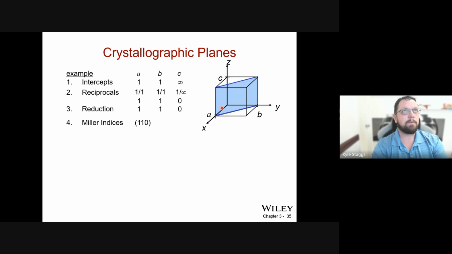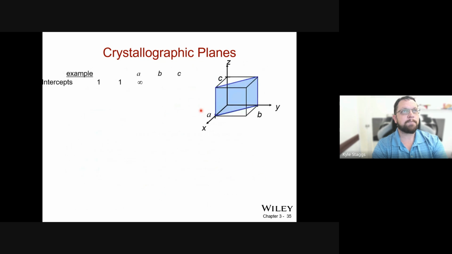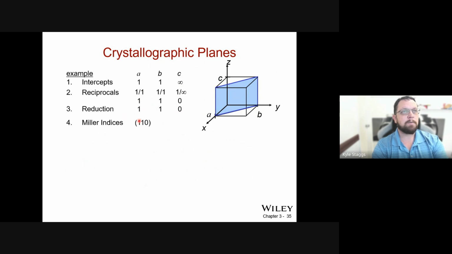And that's what we see referenced here. So the Miller indices of a plane 110, this is how they are determined. So 1, 1, and then infinity, the reciprocals give us, when reduced, our 110. This is our Miller indices for the plane.